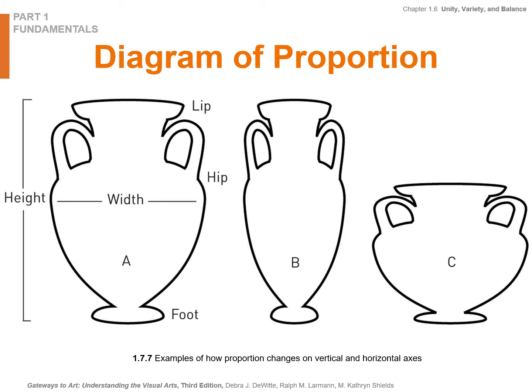In this case, we're thinking about how the proportion changes on vertical and horizontal axes. You have the height, and then you compare the height to the width to get a general idea of the proportions of this particular vase. Then once you have that information, you can compare it to other vases, right? You can say, well, this vase has this proportion, whereas this has a different proportion.